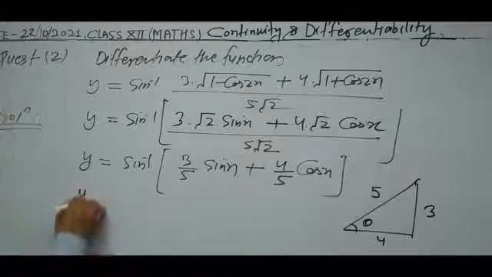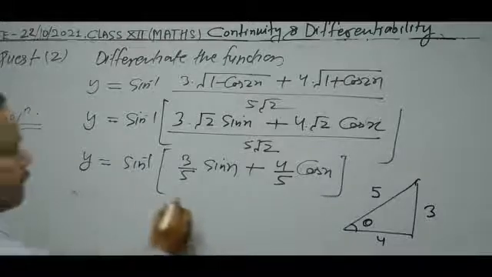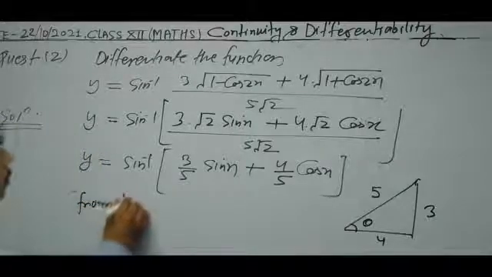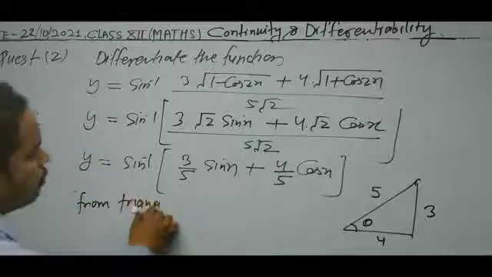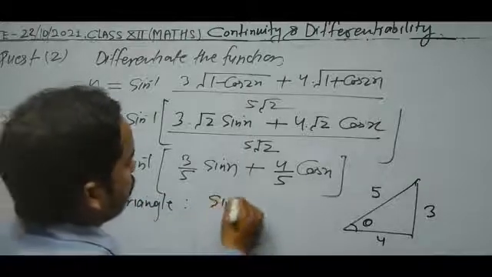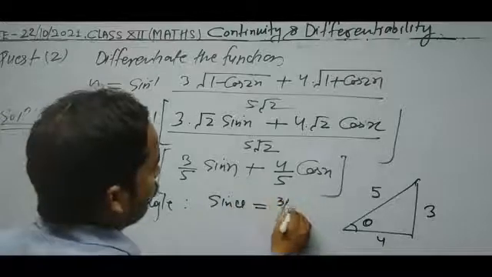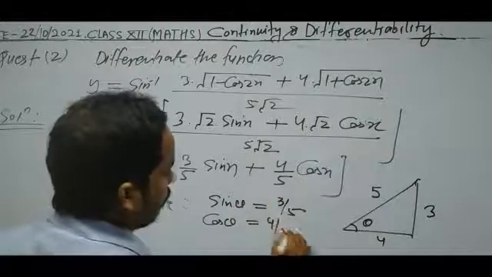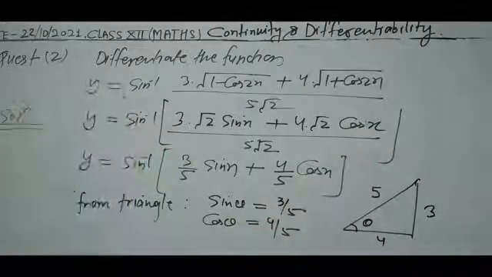Now from the triangle we can write the sin theta ratio is 3 by 5 and the cos theta ratio is 4 by 5 based upon hypotenuse.